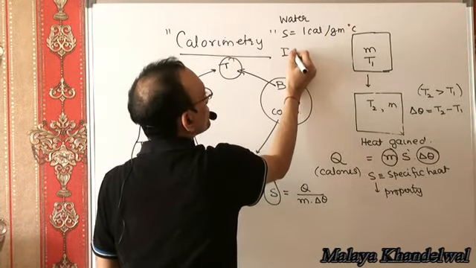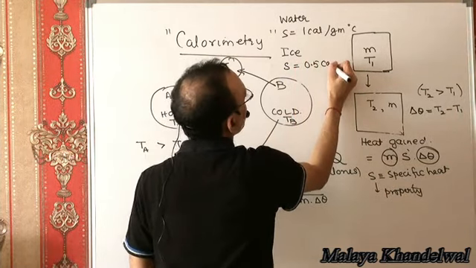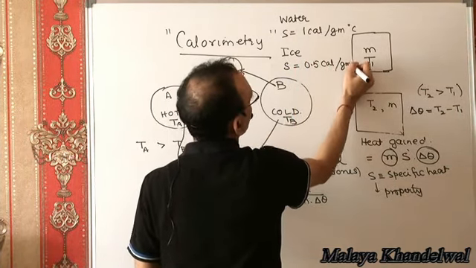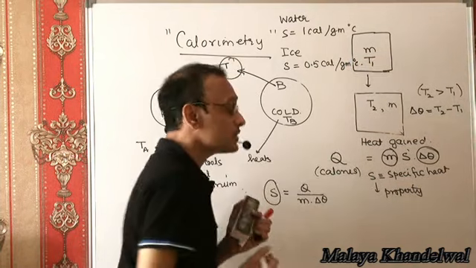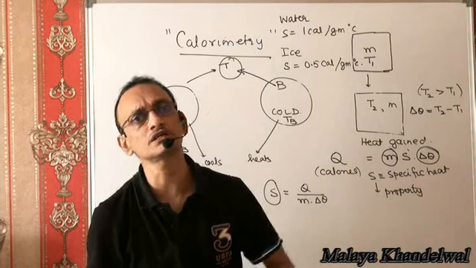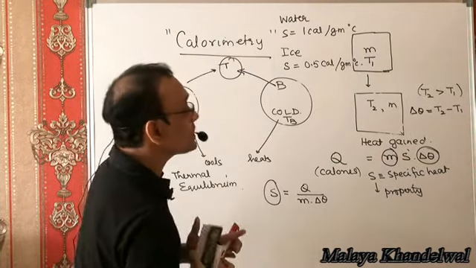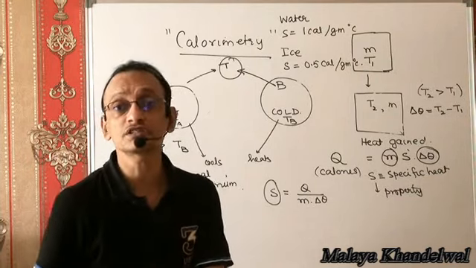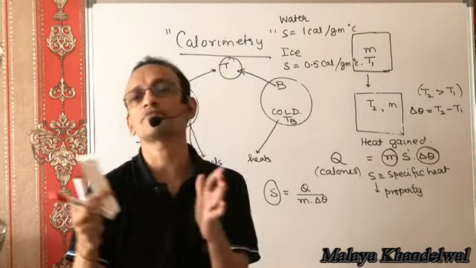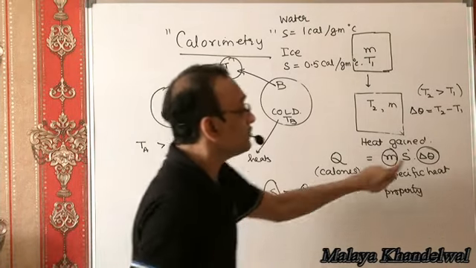For ice, the specific heat is found to be 0.5 calories per gram per degree centigrade, right? And for different substances, copper will have one specific heat, aluminum will have another specific heat, and so on and so forth, right? So specific heat is the amount of heat required to raise the temperature of unit mass of a substance through unit degree centigrade.